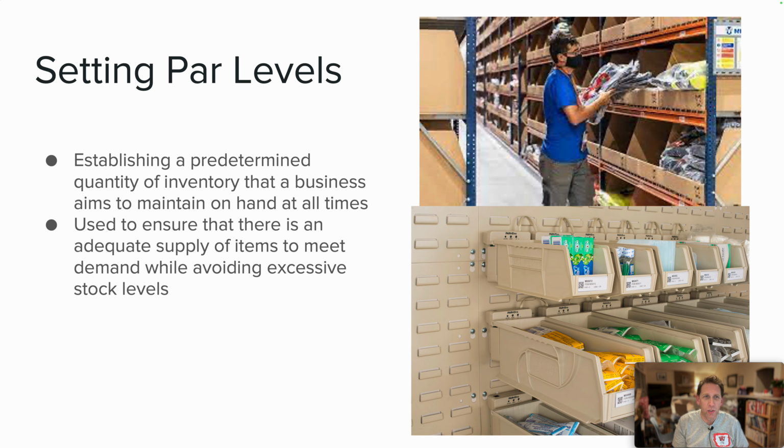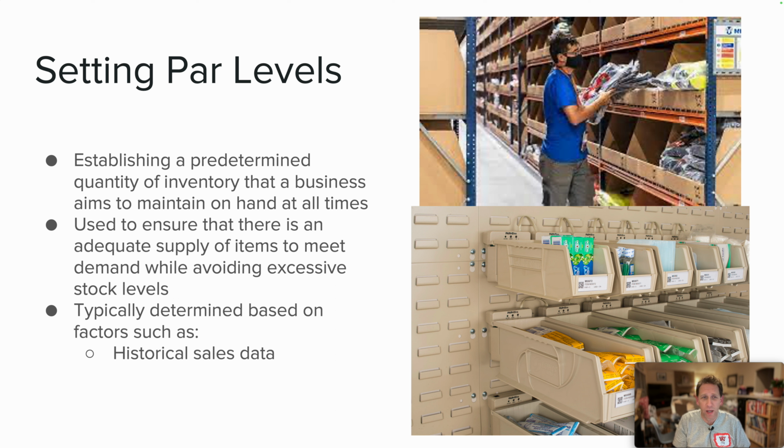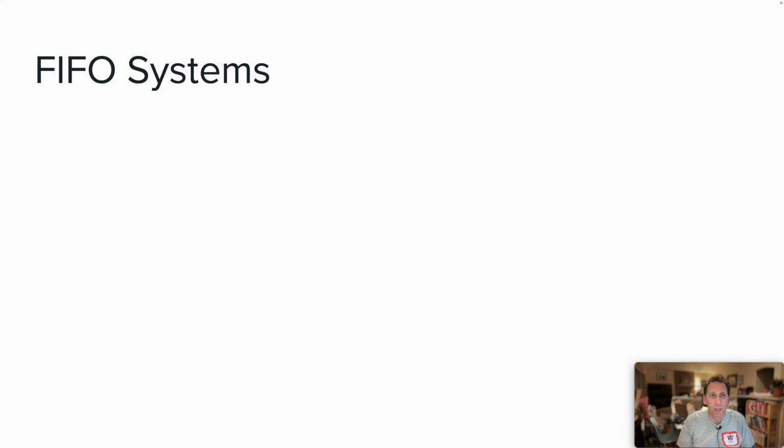It is used to ensure that there is an adequate supply of items to meet the demand while avoiding excess stock levels. Typically, what determines your par levels are factors such as historical sales data, lead time for replenishment, and desired service levels.